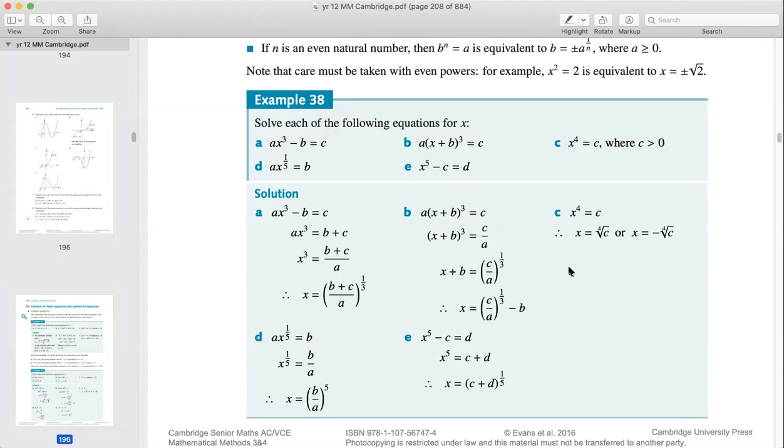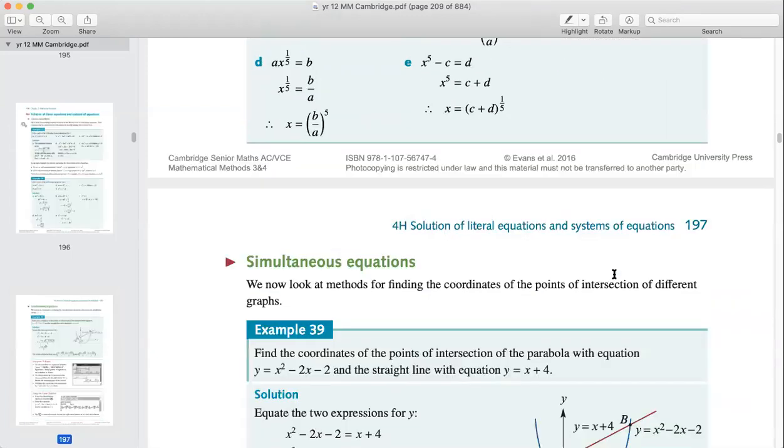This part is extremely important for the SAC and for final exams because everyone knows it's relatively easy to get the number correct, but once it's the literal one with A, B, and C, it sometimes confuses people, okay?